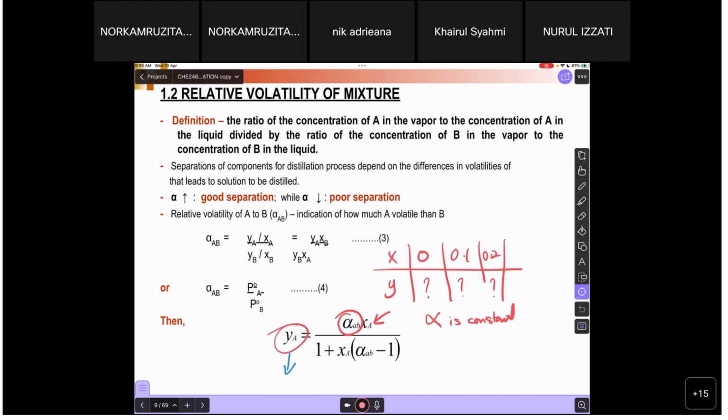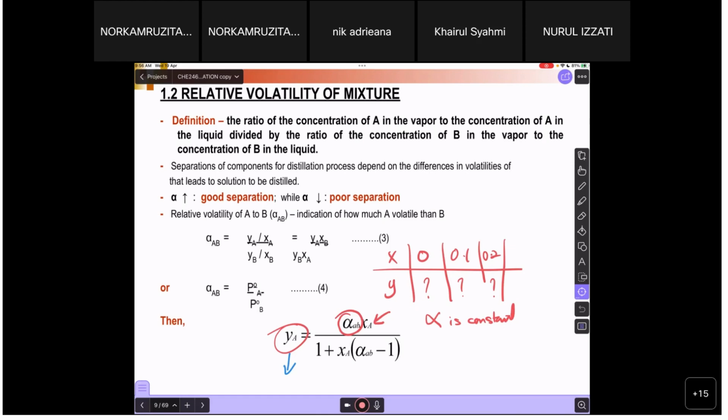If you get the value of alpha greater than 1, it is possible to do the separation process. If you get less than 1, you should not proceed with the distillation process because it will give you poor separation. When you have poor separation, it will not meet the objective.